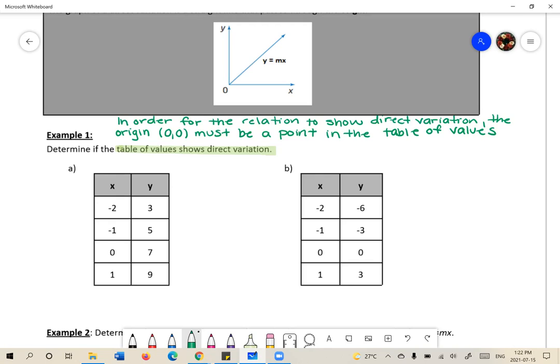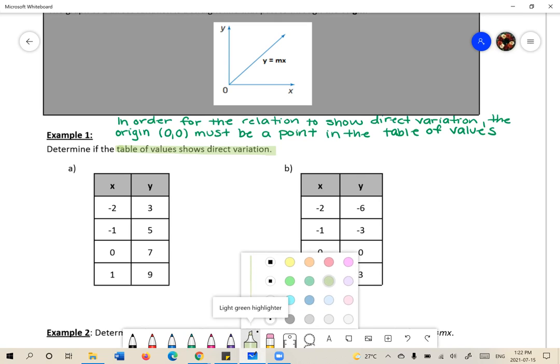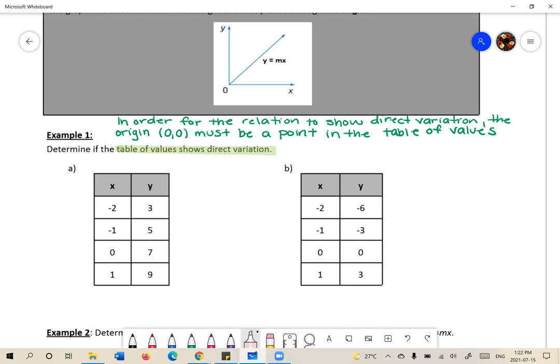When x is equal to 0, y also must equal 0. When x is equal to 0, in this table of values, y is not equal to 0. So that means that if we graphed this relation, the line would not pass through the origin. So it's not direct.